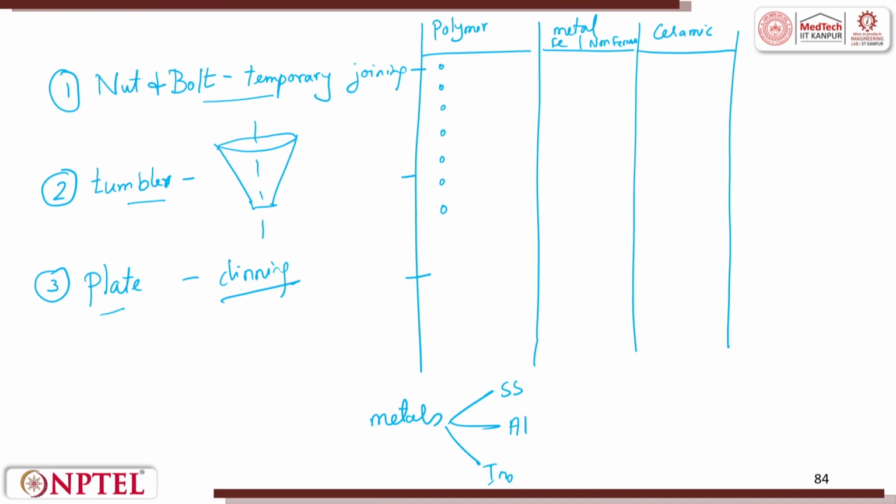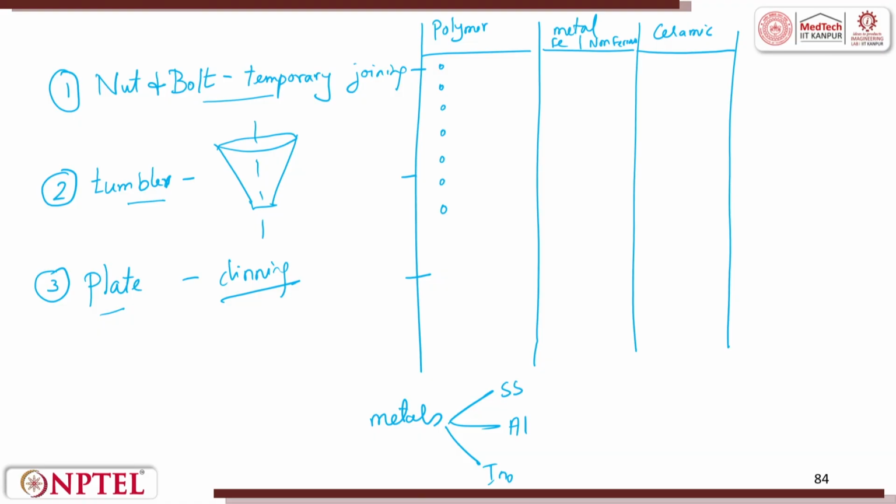So, this exercise will give you, for one application, all the possible different types of material I can choose. And after you choose, what are all the properties which made you think that this is the best choice. That is what I want through this exercise.